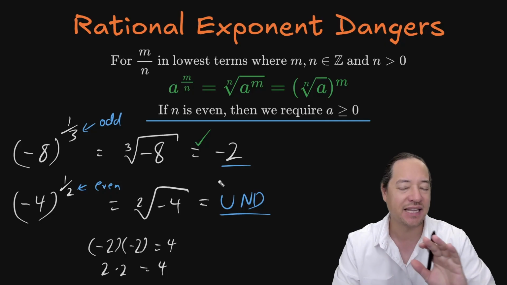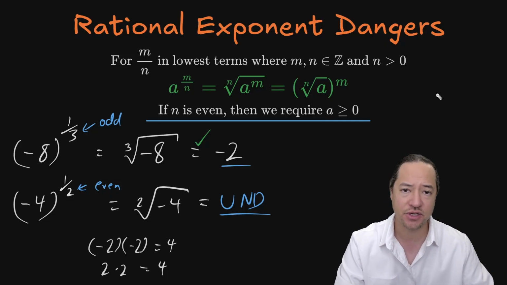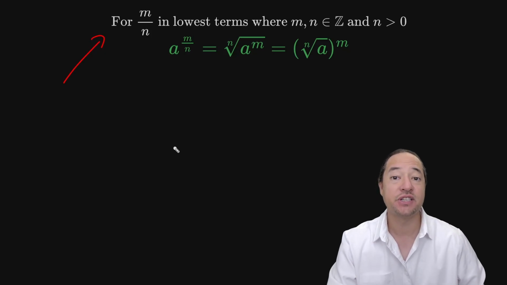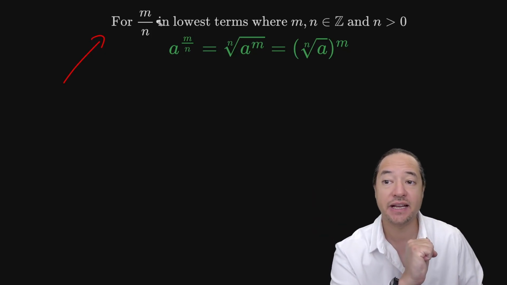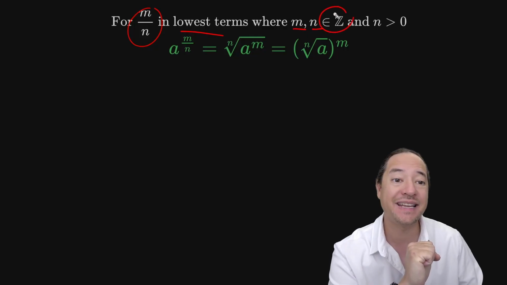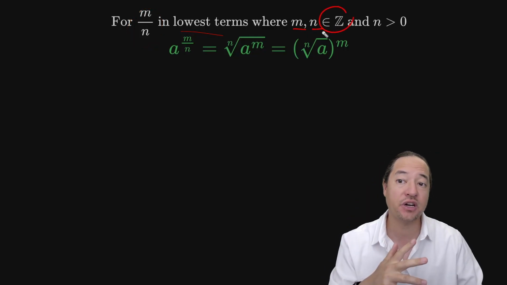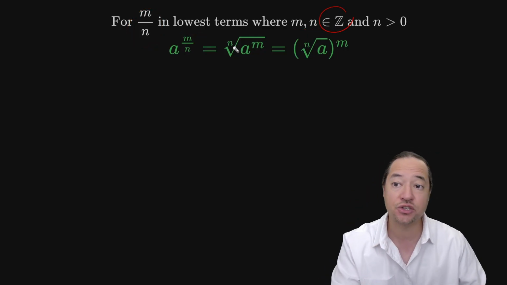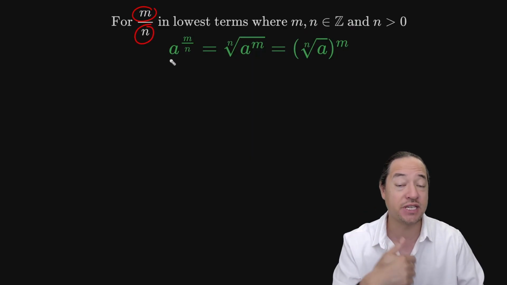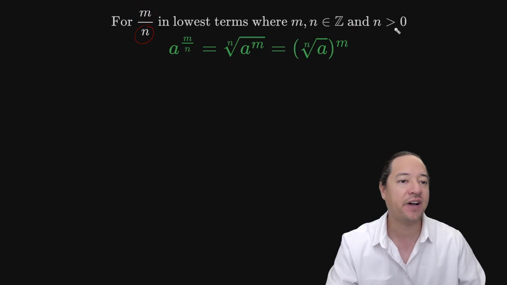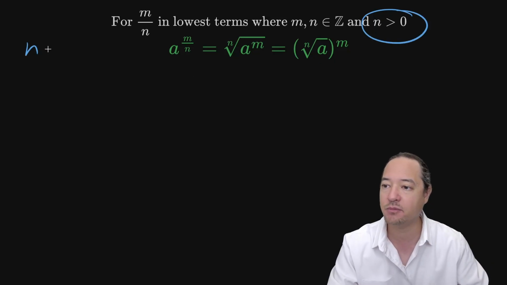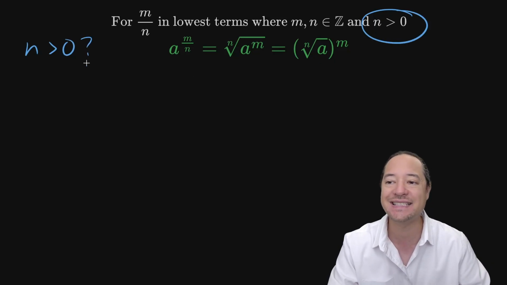Let's take a look at some of these other conditions. All right, let's take a look at this top condition here. So it starts off saying m over n in lowest terms where m and n are integers. Okay, they're integers because the definition of a rational number is a ratio of integers. So that's what we're doing here. We're using a rational exponent. And finally, we have this condition where n must be greater than 0. Why is that?